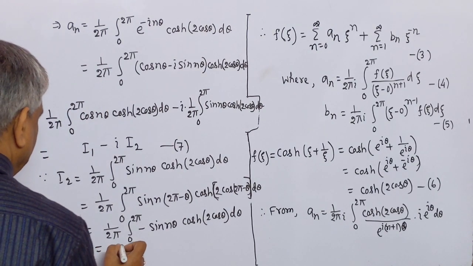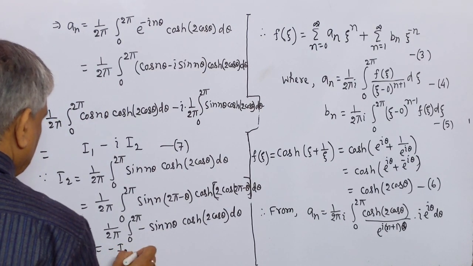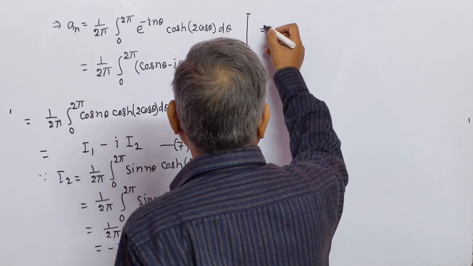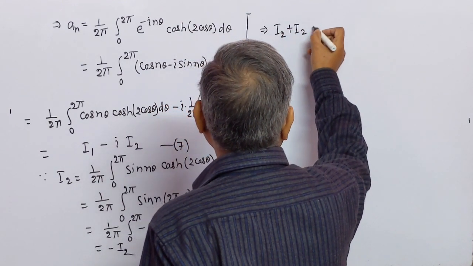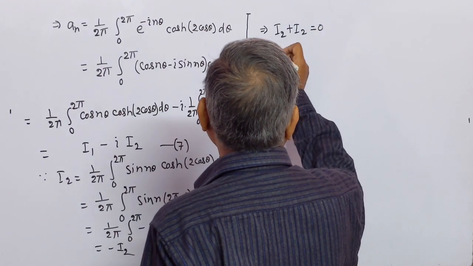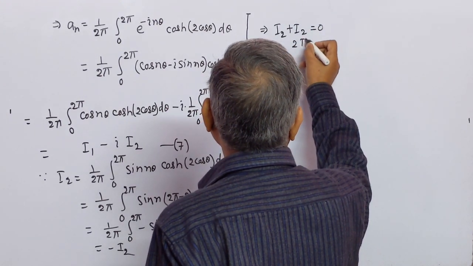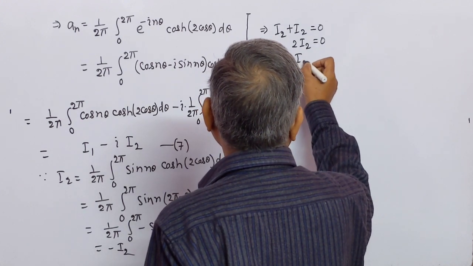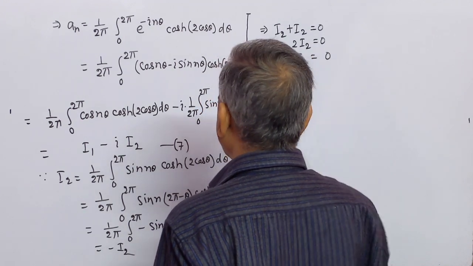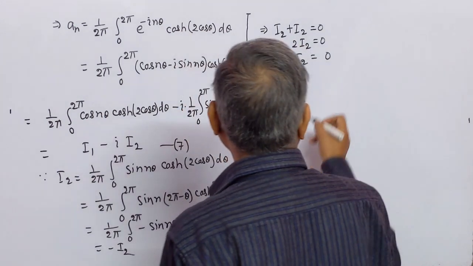This is equal to minus I2. This implies that I2 plus I2 equal to 0, which implies that 2I2 equal to 0, so I2 equal to 0. This is number 8.